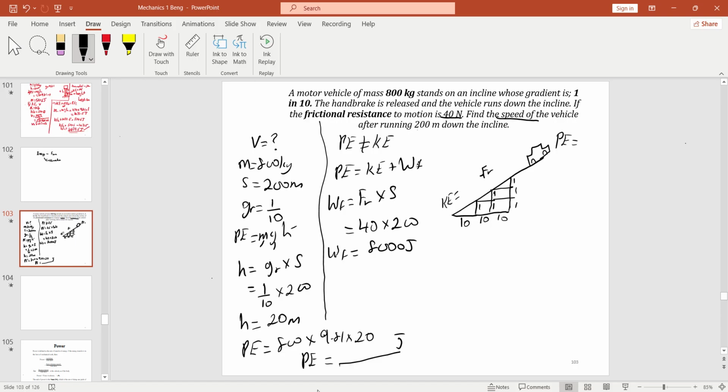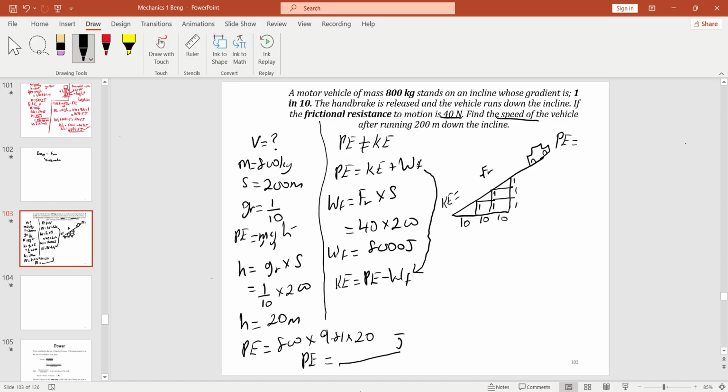So we can have KE is equal to PE minus the work done against friction, okay? This is deduced from over here.